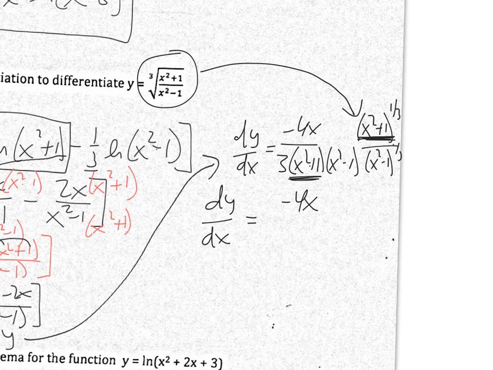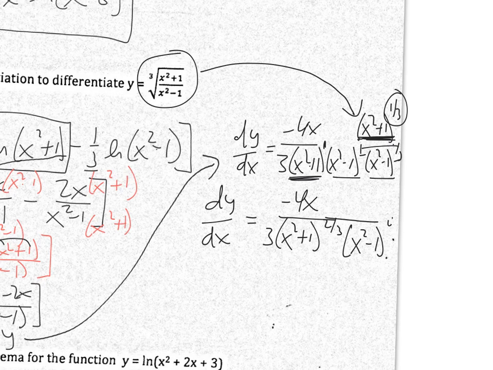Using some exponent rules, the same base, and you're dividing, well, if I have x squared plus 1 to the first and x squared plus 1 to the 1/3, that means I'm going to have on bottom x squared plus 1 to the 2/3. You just subtract those powers. And then I can combine these ones on bottom. I can combine x squared minus 1 to the first and to the 1/3, and that would be 4/3 when I add those, since they're both on bottom. x squared minus 1 to the 4/3.